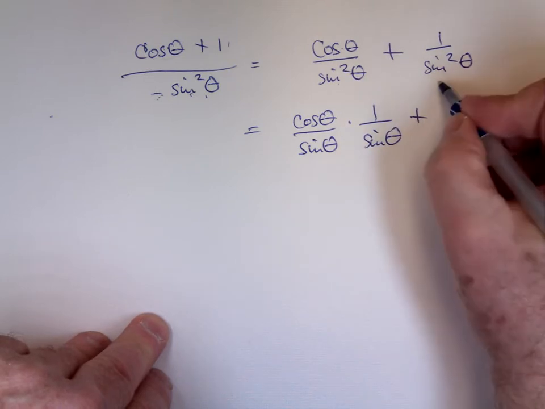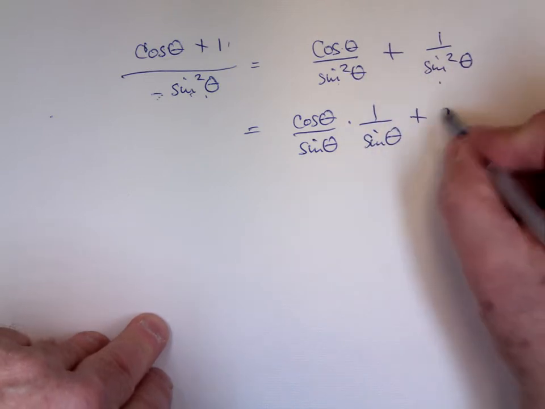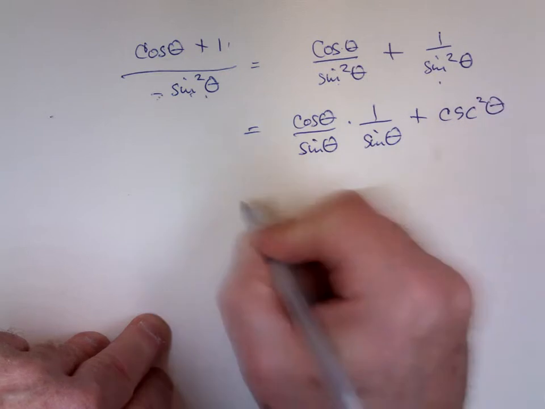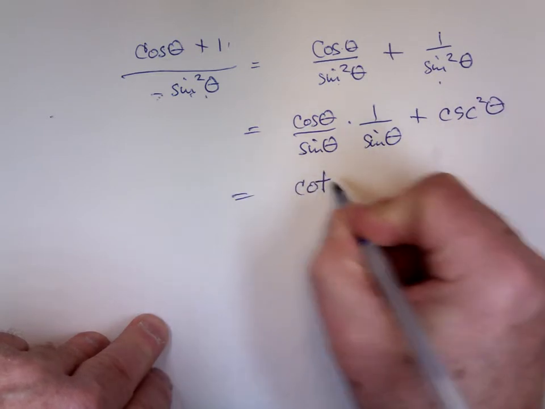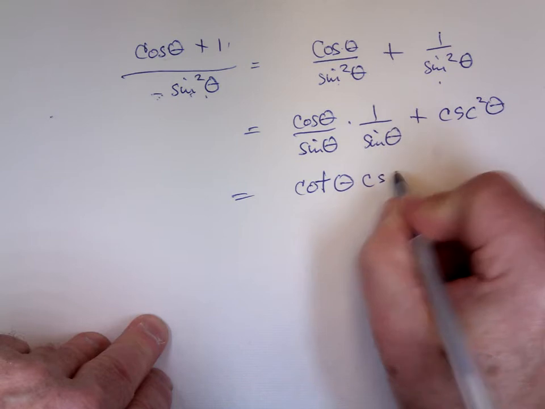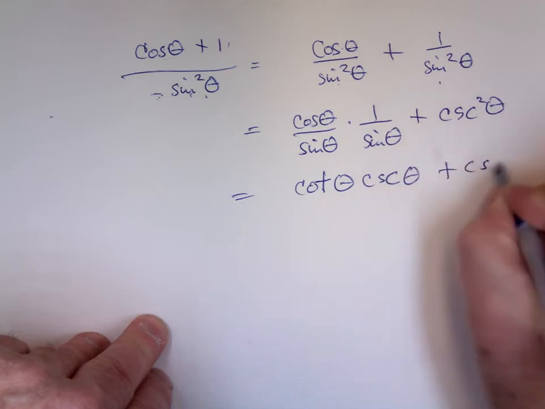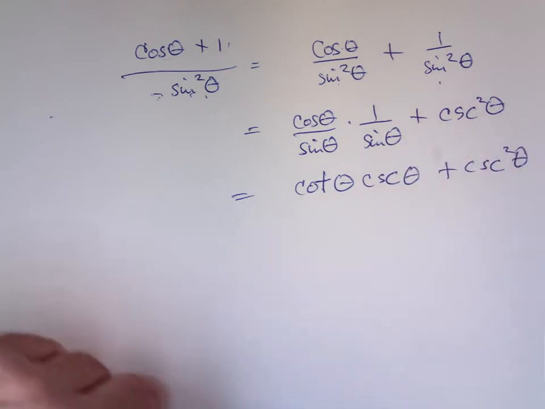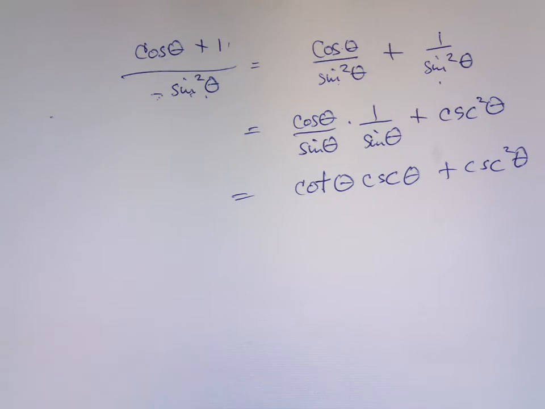Now, 1 over sine is cosecant, so this is a cosecant squared. I think this is what you had. This is a cotangent, cosecant, and that's a cosecant. That's one way to do this. Any others?